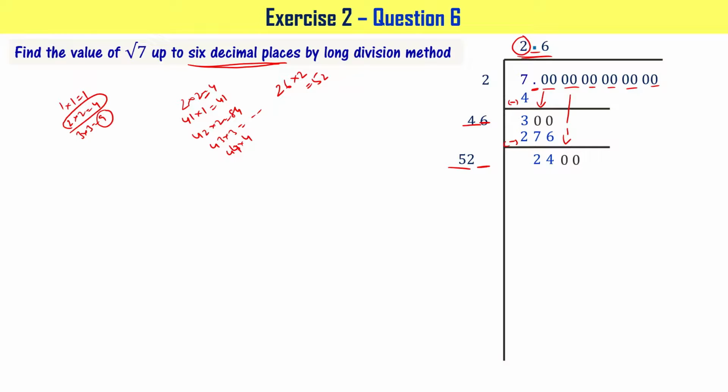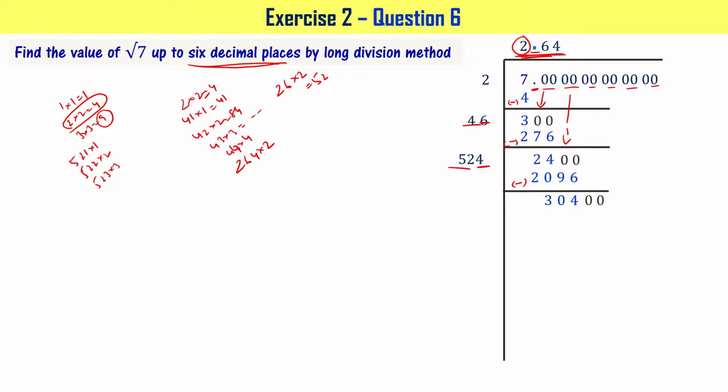For example, 521 times 1, 522 times 2, 523 times 3, and so on we have to find. So 524 times 4 is 2096. When you subtract that from 2400, you have 304 as the answer, right? Bring another pair of zeros down so that it becomes 30,400, right? Now you have 264, right?